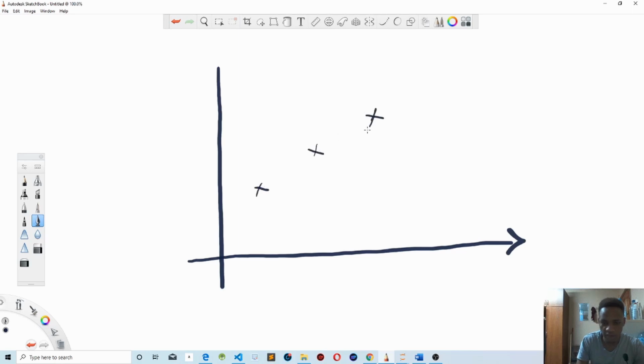If you have a line something like this, and let's say your line passes through here, and we know these are the actual values.